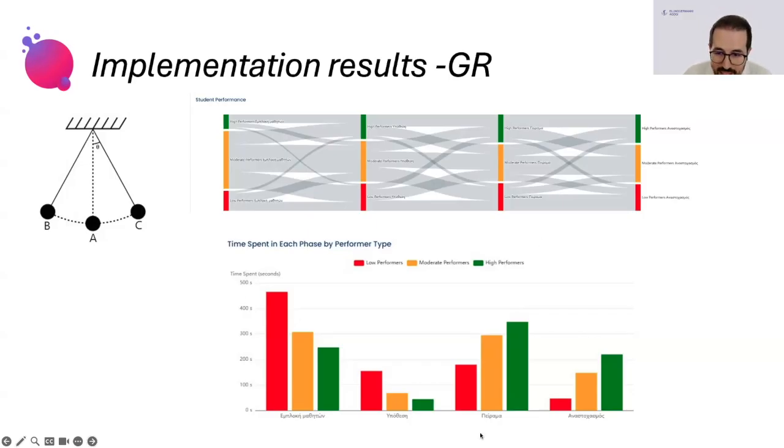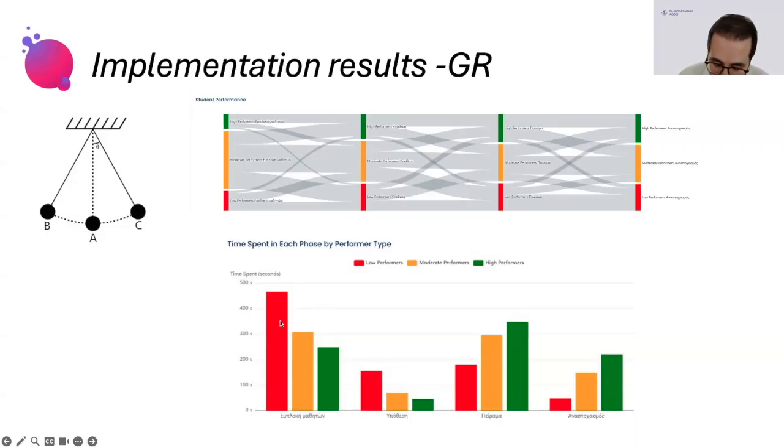And then there is this other plot discussed by Nikos also last time that you can get directly from the platform that shows the times spent at each different phase. Sorry for the Greek, because I get the results in Greek directly because the scenario ran in Greek. This is the engagement, the hypothesis, the experiment, and the reflection.